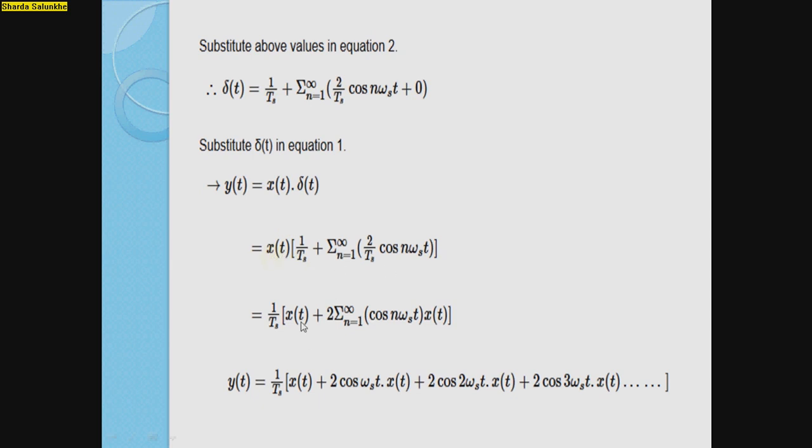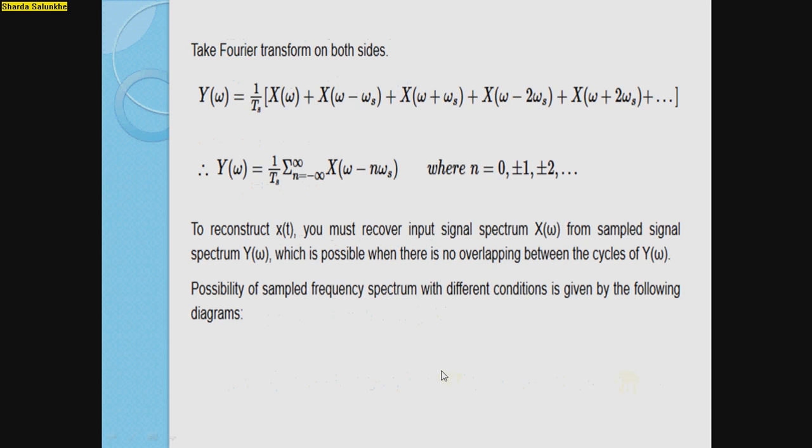Multiply x of t into the bracket. You will get 1 by Ts x of t plus, taking the 2 outside of the summation sign, summation n equal to 1 to infinity of cos of n omega s t into x of t. Therefore y of t is equal to 1 by Ts times x of t plus 2 cos of omega s t x of t plus 2 cos of 2 omega s t x of t plus 2 cos of 3 omega s t x of t, and so on.